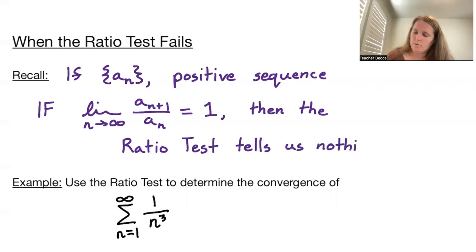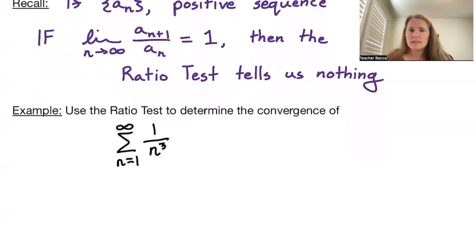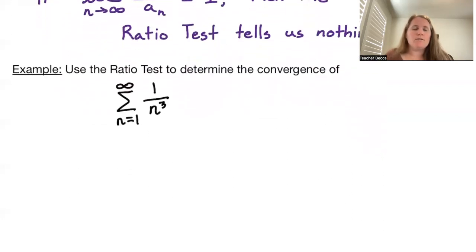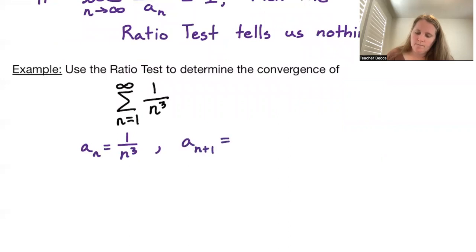So I have some very basic examples that we already know whether they converge or diverge for showing that the ratio test doesn't work. So for the sum from n equals 1 to infinity of 1 over n cubed, if we apply the ratio test, we have a sub n be 1 over n cubed. A sub n plus 1 would be 1 over n plus 1 cubed.